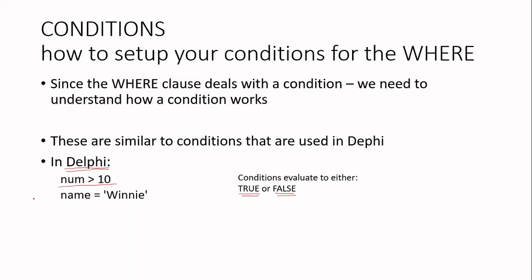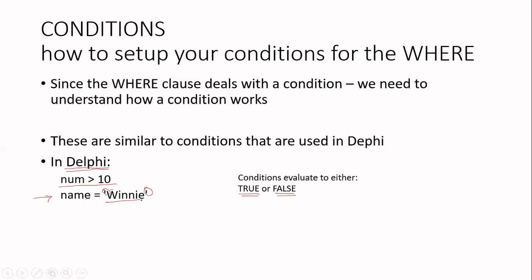Another typical condition, if you had a string variable, would be if name equals 'Winnie'. And take note that in Delphi, when we used strings, we made use of single quotes. That's how we were able to reference our strings in Delphi.